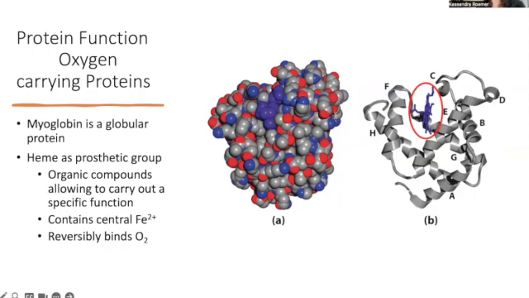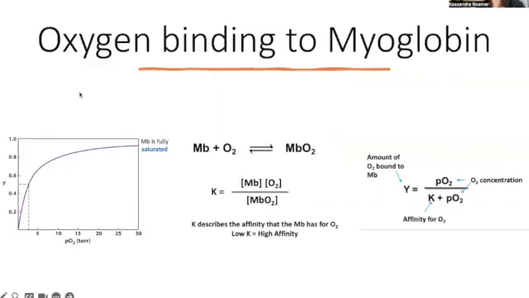So again, when oxygen binds to the heme group, it H bonds with another histidine group that also reaches into the prosthetic group chain and holds that a little down and changes the conformation of myoglobin. And this binding of oxygen is reversible.